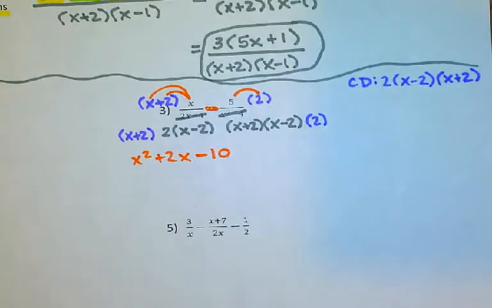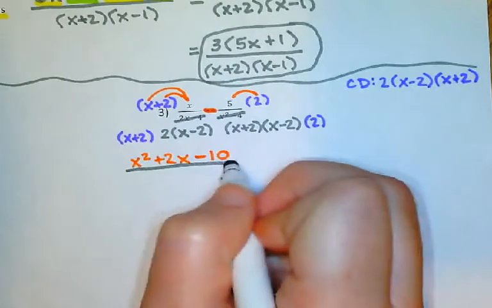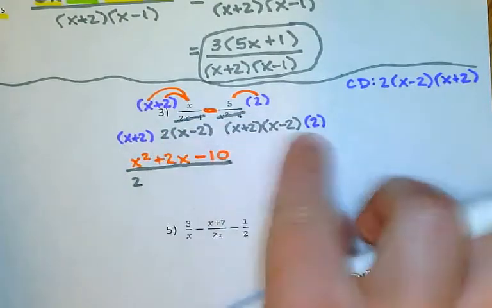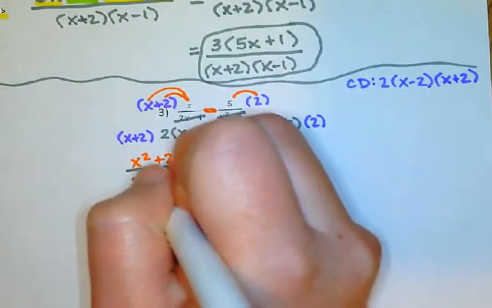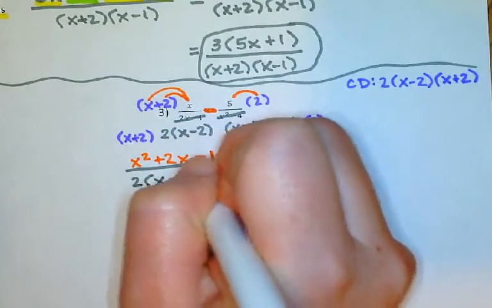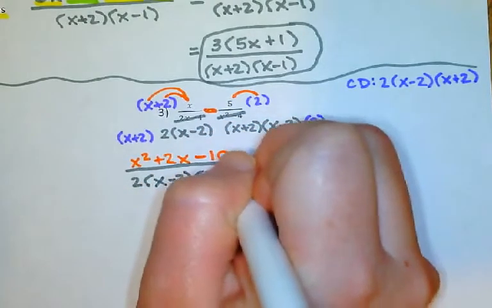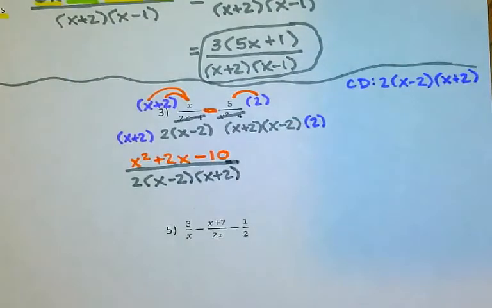And then our denominator is now our common denominator. They all have a 2, they all have an x minus 2, and they all have an x plus 2. Alright? And now what we would do is we would combine like terms. Is there anything that we can combine in our numerator? No, there's not.